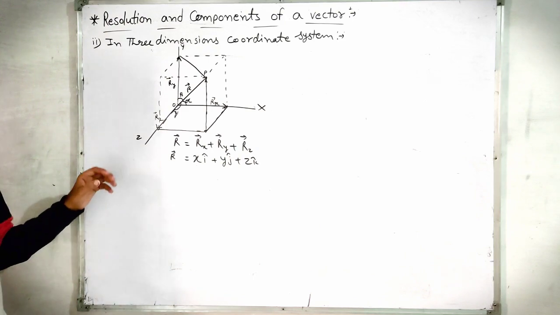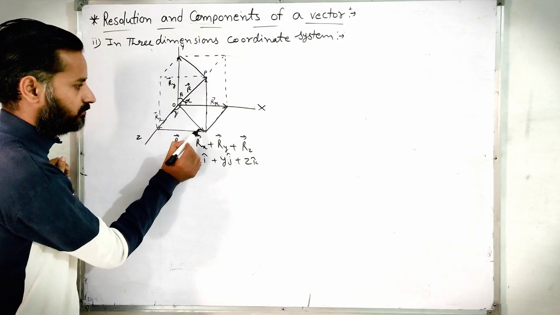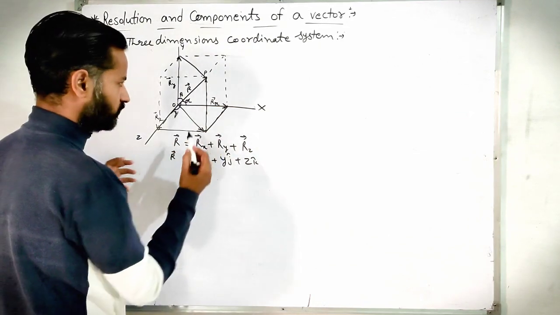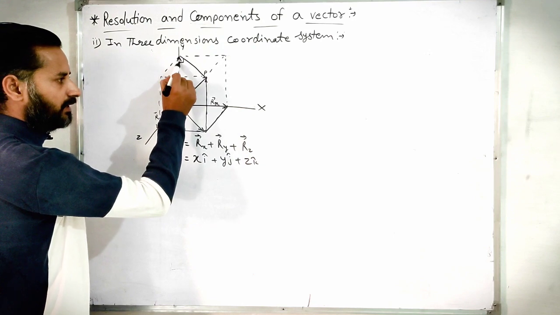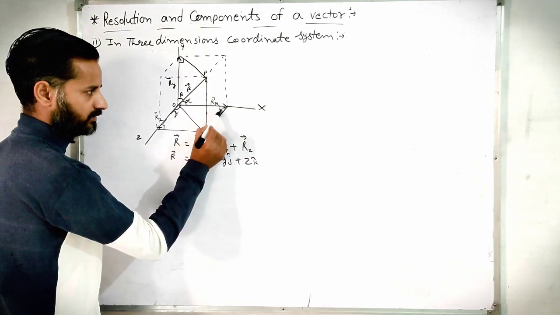Now in this diagram, this is 90 degrees, this is 90 degrees, this is 90 degrees.